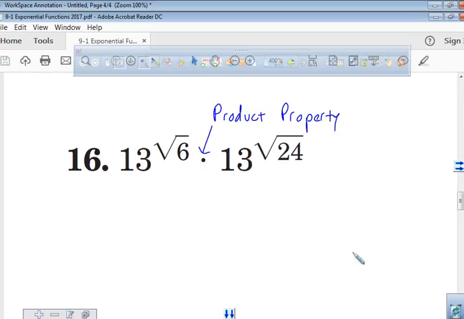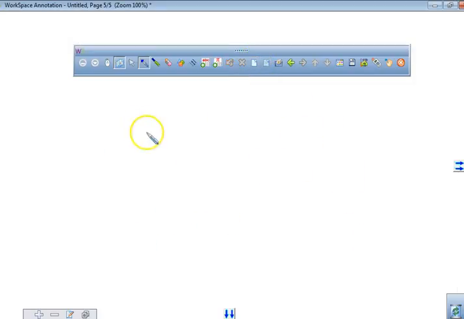Now, could you guys right now write 13 to the power of radical 6 less radical 4? Now we have a problem. The problem is you cannot add radicals together unless they are the exact same type of radical. So let me make sure you understand what I'm saying. A radical 2 plus a radical 2 becomes 2 radical 2s.